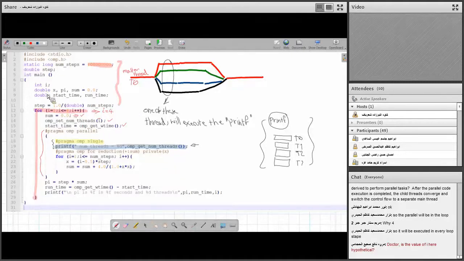And the next. Yes, the parallel is in the loop. Merve, wait a minute till the end of the example.